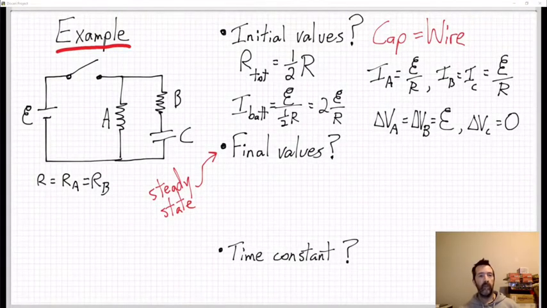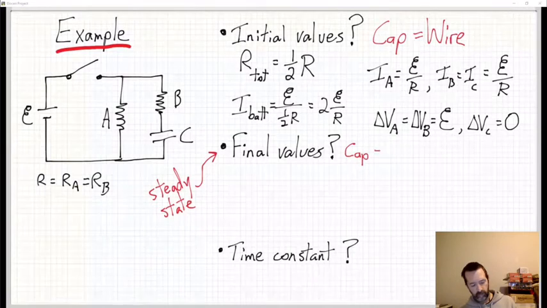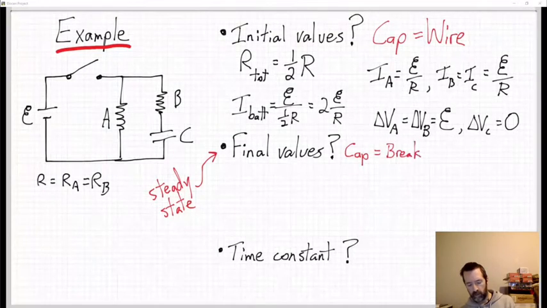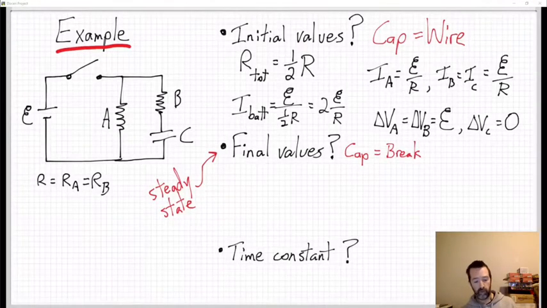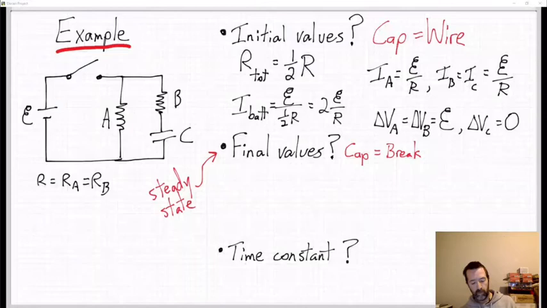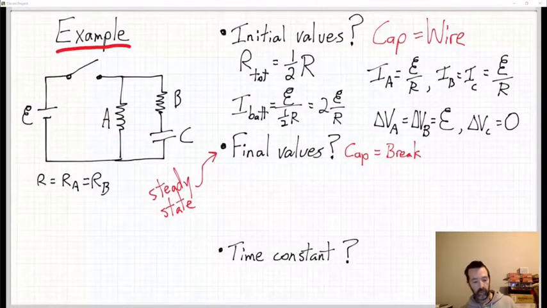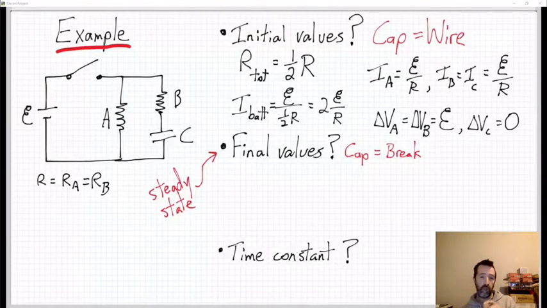After a very long time, aka an infinite amount of time, the capacitor essentially becomes a break or a gap in the circuit with no current. So when that happens, the right-hand branch of the circuit, branch BC, I can basically just pretend it's not even there. Nothing is flowing through that anymore.